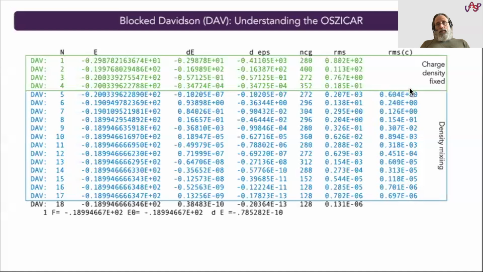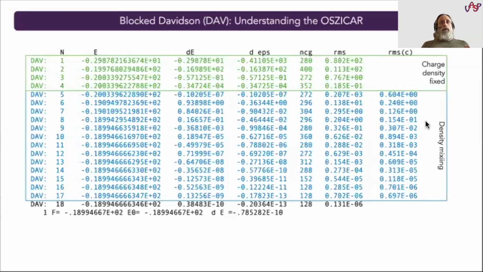And this here, after the density mixing starts, is the root mean square change in the density from which the Hamiltonian is constructed. So that is the density after mixing, if you so want, with respect to the previous step. And this really needs to go down. If the algorithm is converging like it should, this needs to decrease by an order of magnitude every so many steps, roughly speaking.